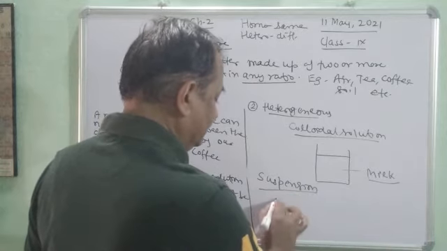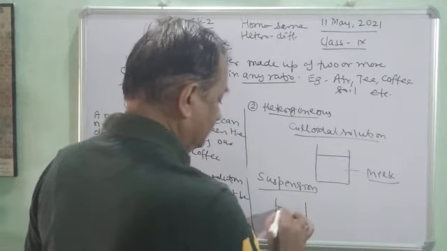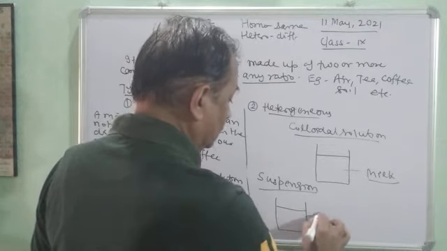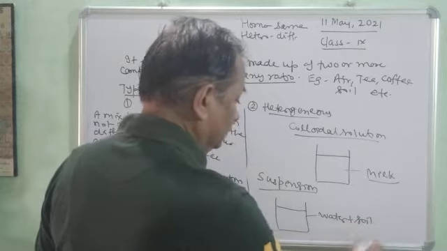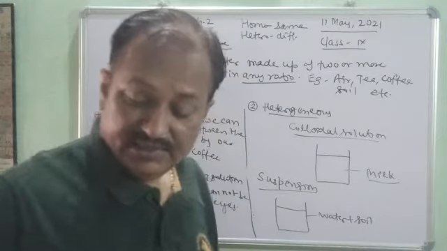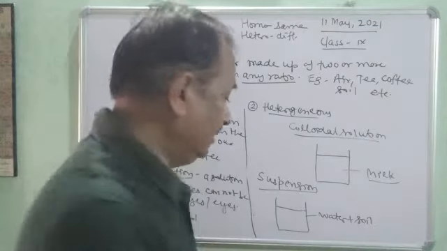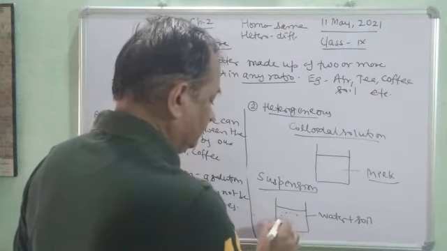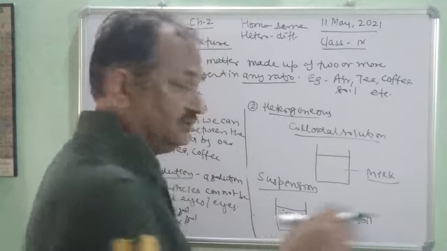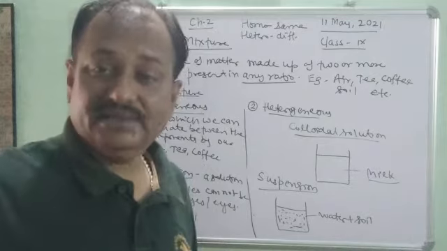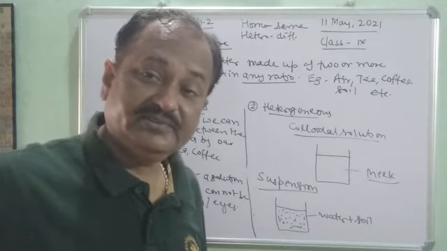In suspension, draw another diagram. The beaker, we have water plus soil. What happens? When we mix water plus soil, the particles of soil will be floating throughout due to agitation, due to application of force. But what happens after some time?